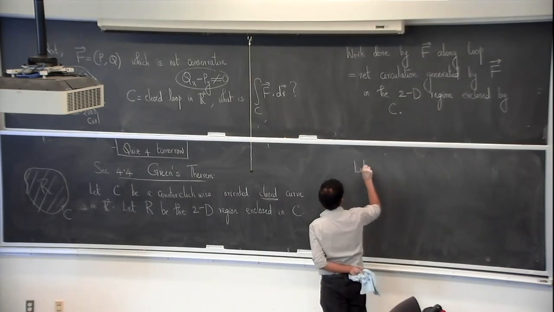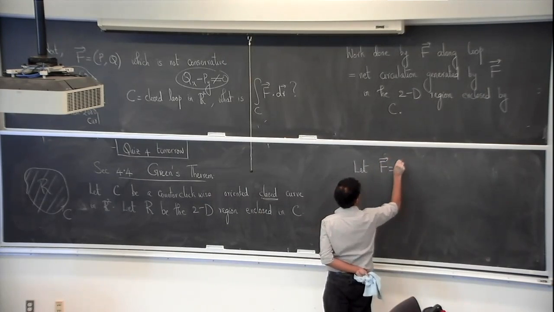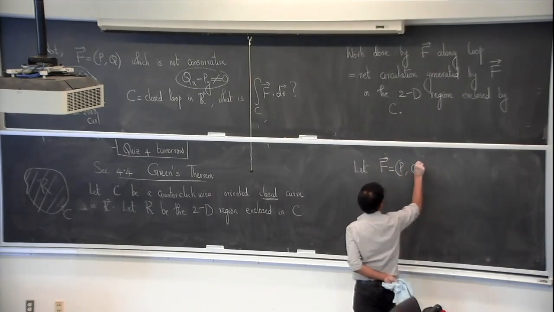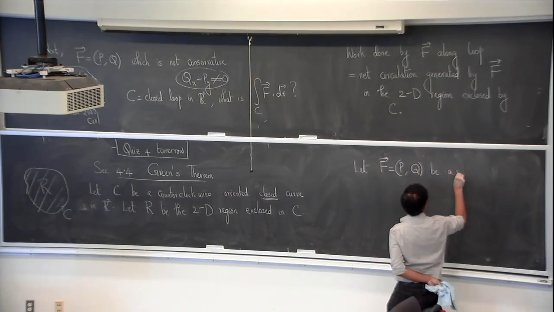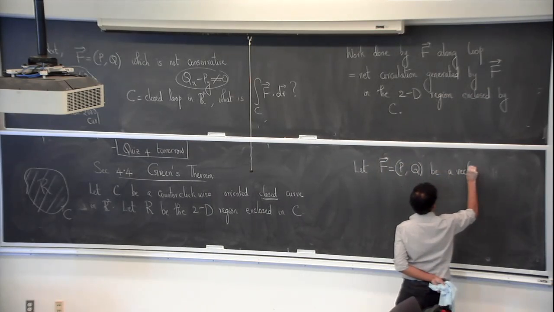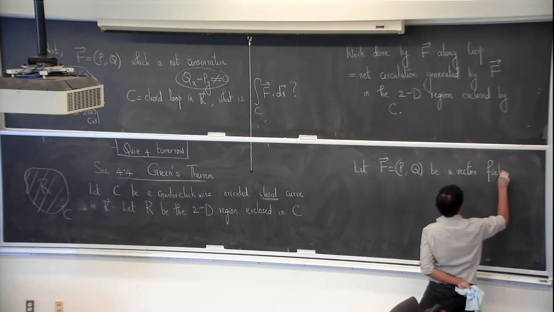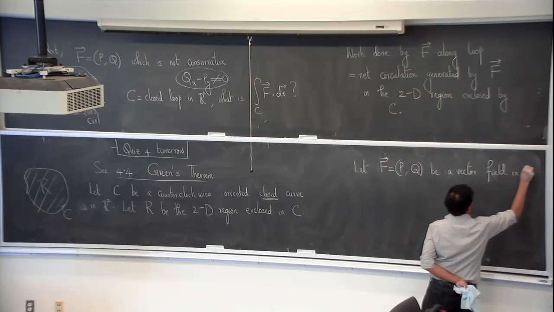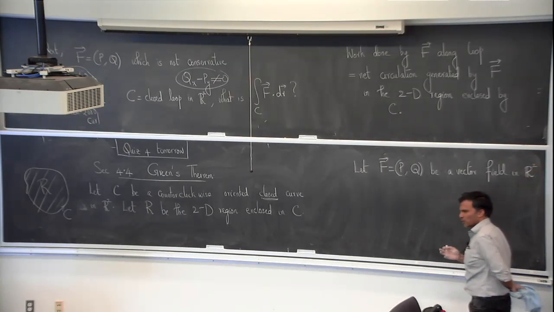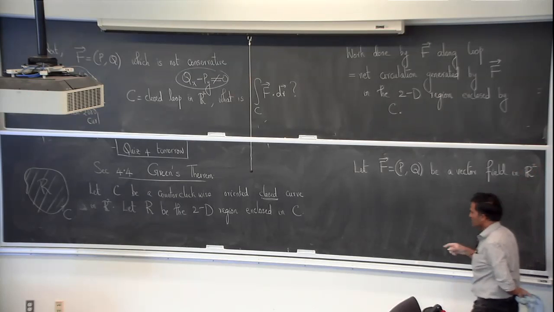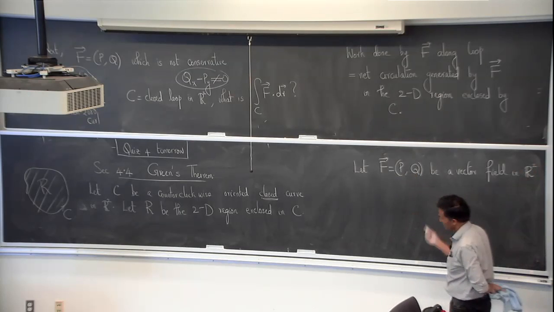Let F equal to PQ be a vector field in R2. And throughout this course, we are assuming that these functions are all well defined. So P and Q are both continuous and differentiable.